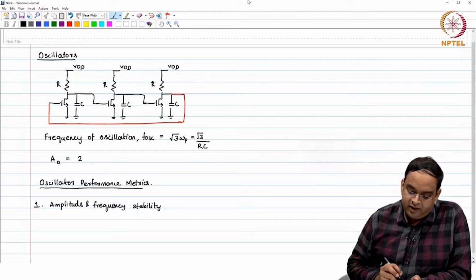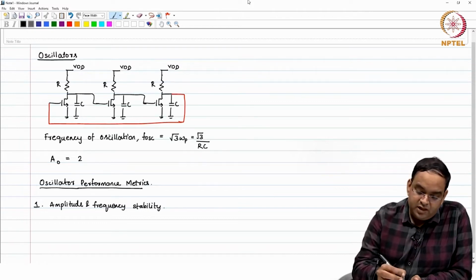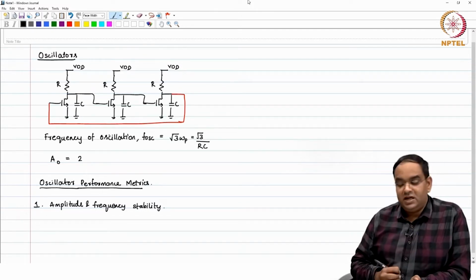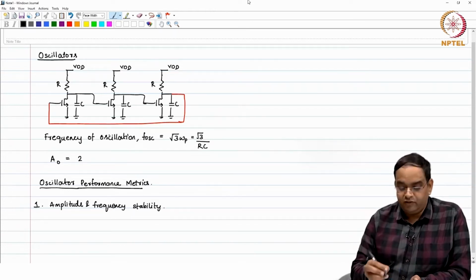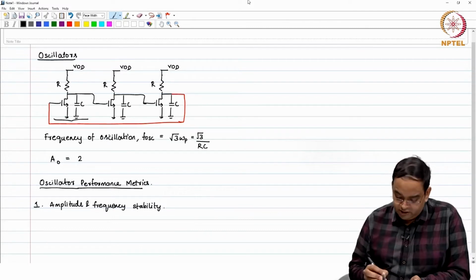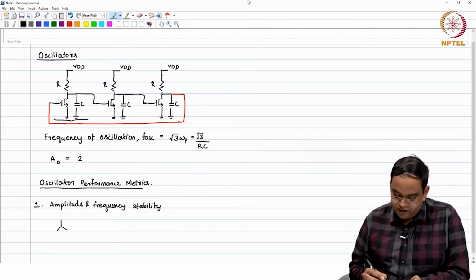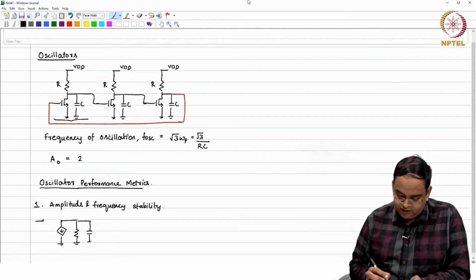So, here in this particular oscillator, we made sure that there is a certain small signal model of each block, and the small signal model of each block was something like this, where you have the current source effectively, your load resistor, your load capacitor, and so on, and this was the gate input.